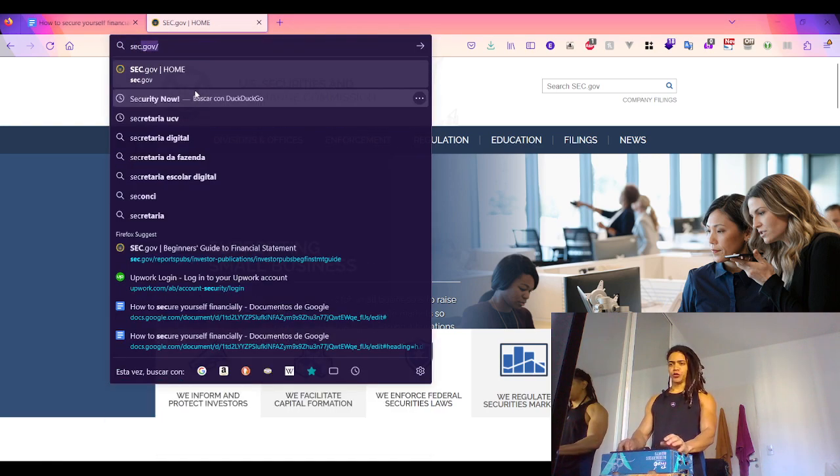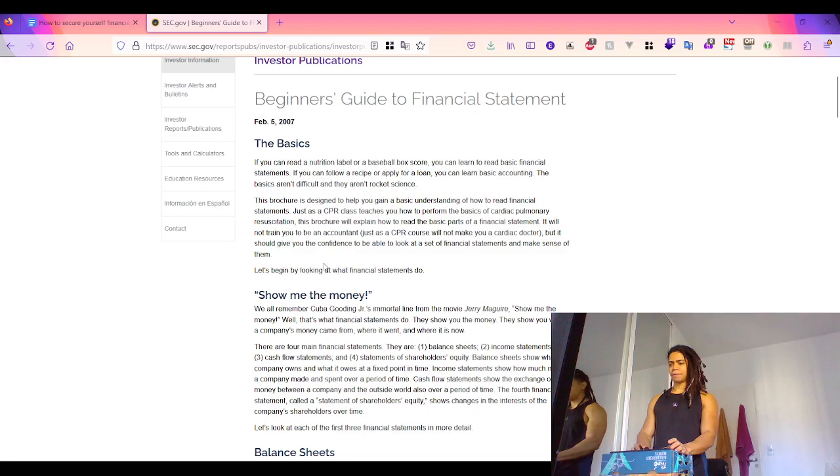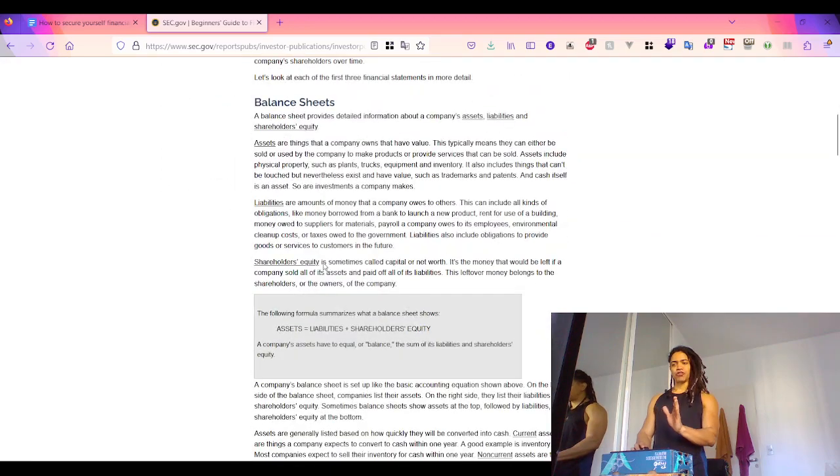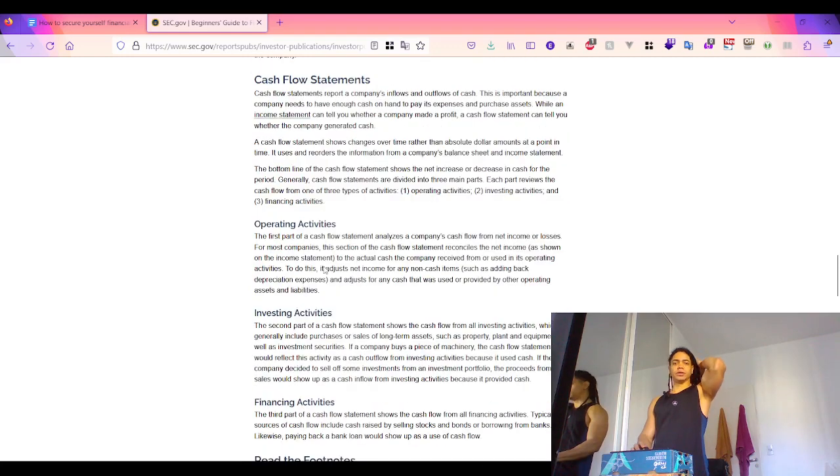So what I'm going to do here is look at the SEC.gov Beginner's Guide to Financial Statements. It jumps straight to the cash flow statement, right? After all, this report shows the company's inflow and outflow of cash.